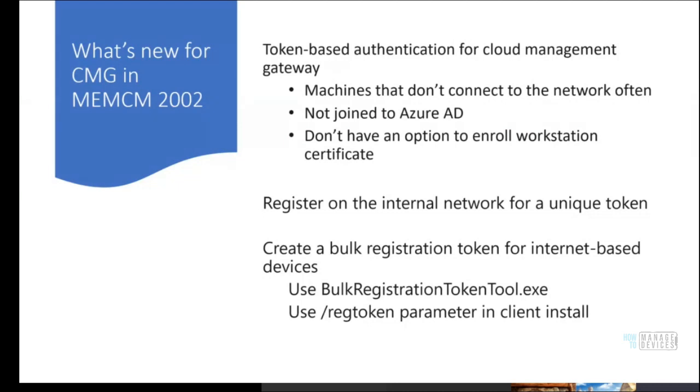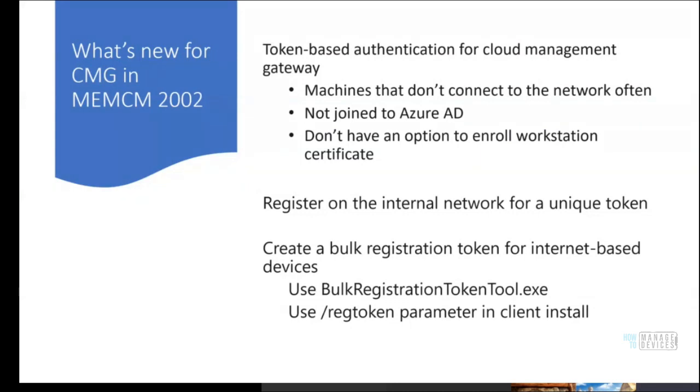So what the product team has given us is a new method, token-based authentication. For machines which don't connect to the network often, are not joined to Azure AD, or don't have an option to enroll a workstation certificate, we got an update in 2002 where we can register to the existing environment using a token.